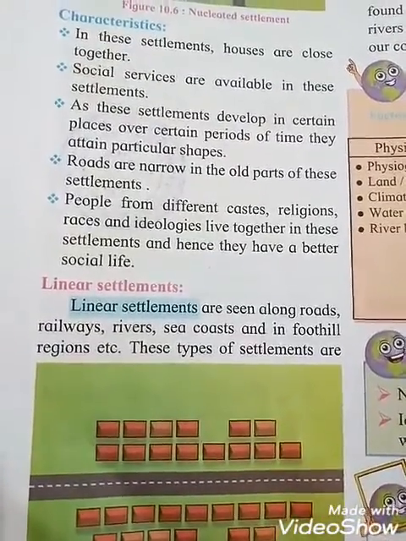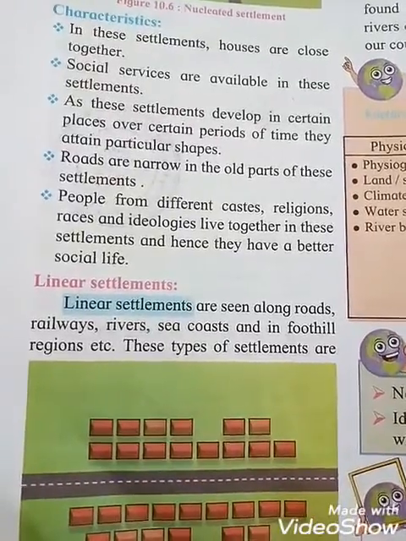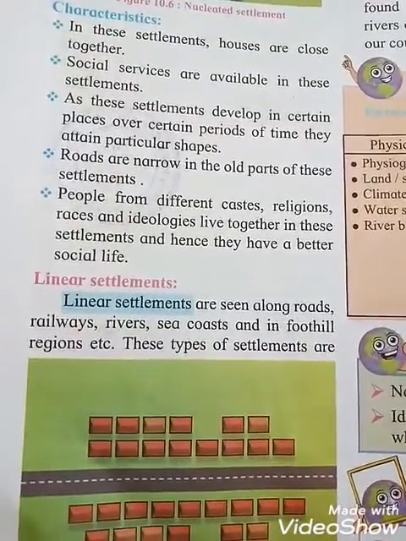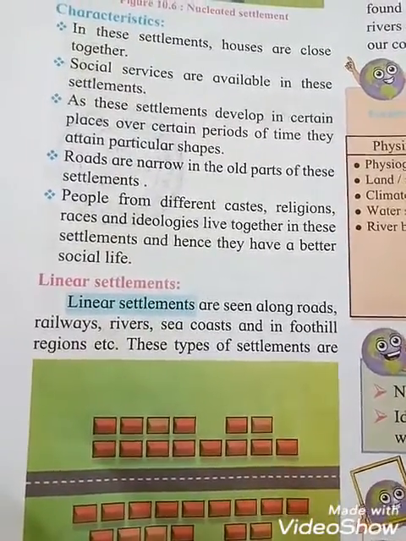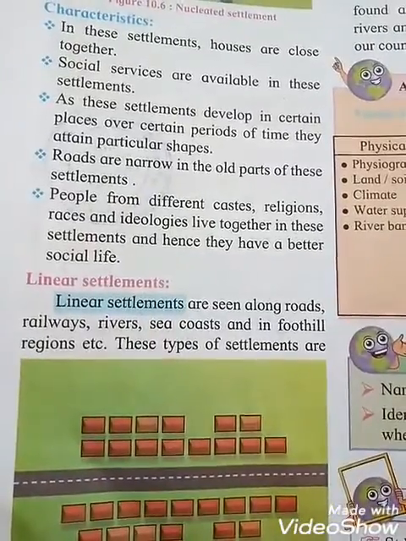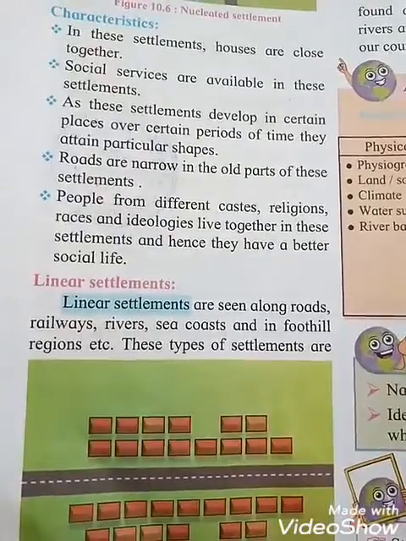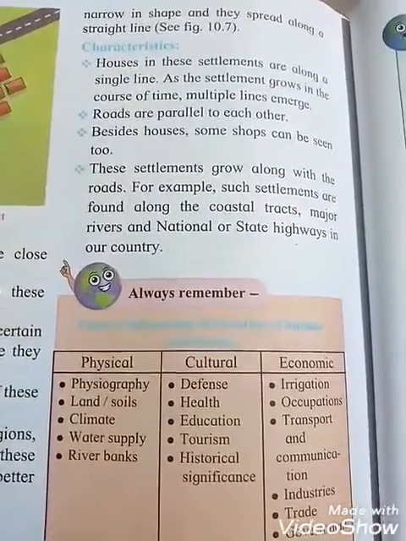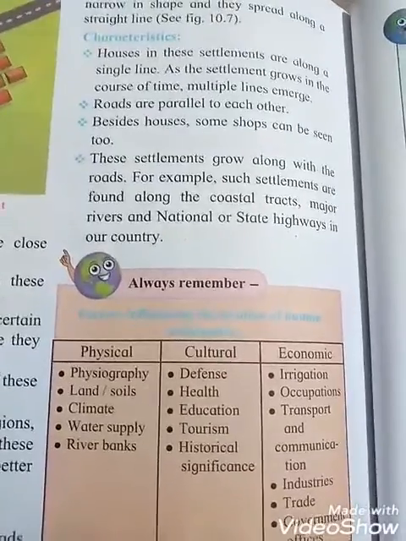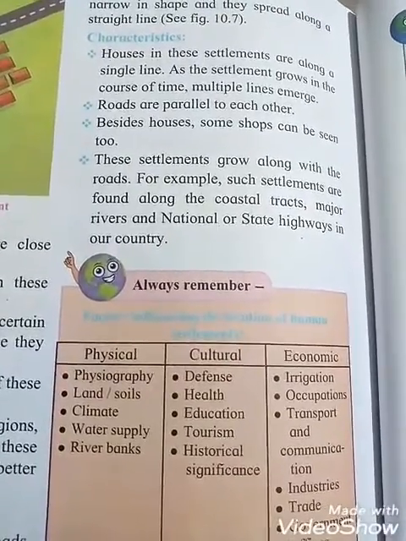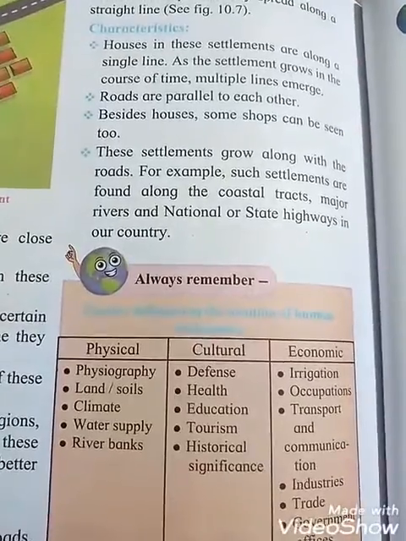What is the main important feature, students? Houses in the settlements are along a single line. But as the settlements grow in the course of time, multiple lines also emerge. Roads are parallel to each other. Beside houses, some shops can be seen too.